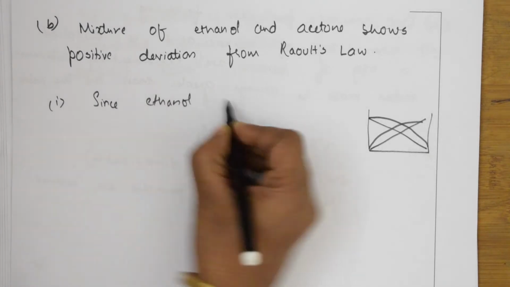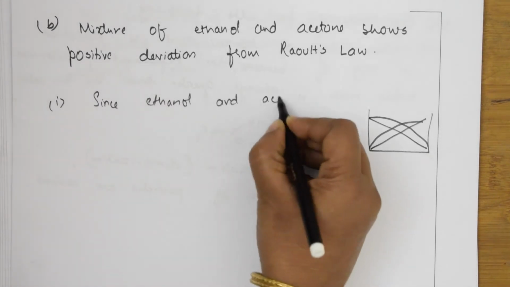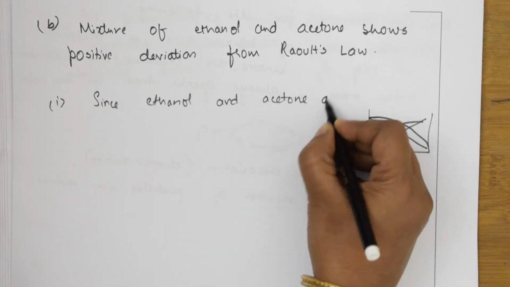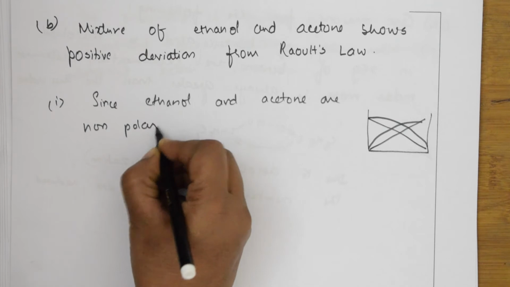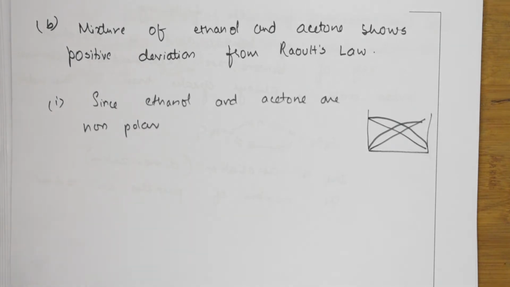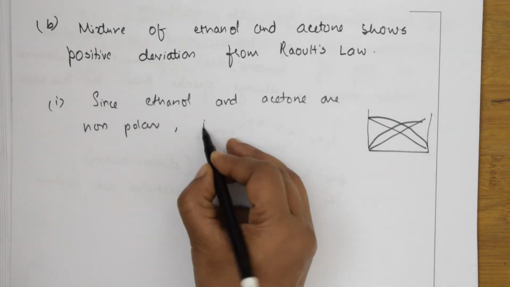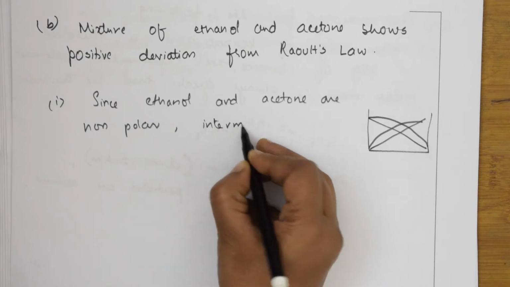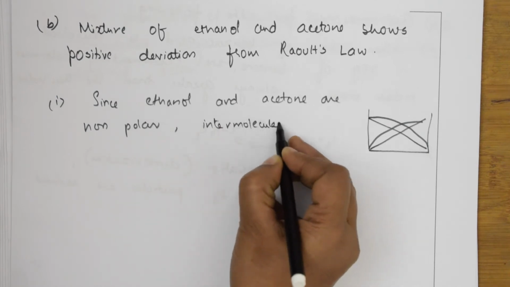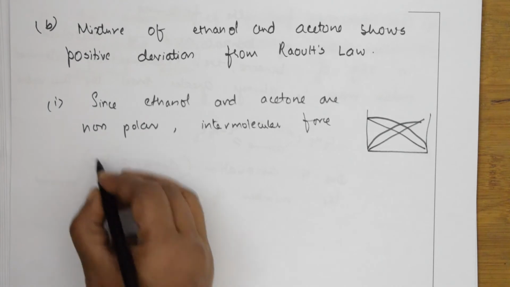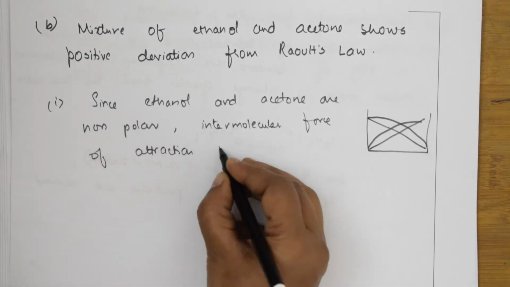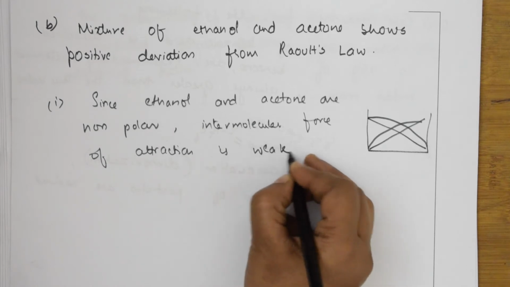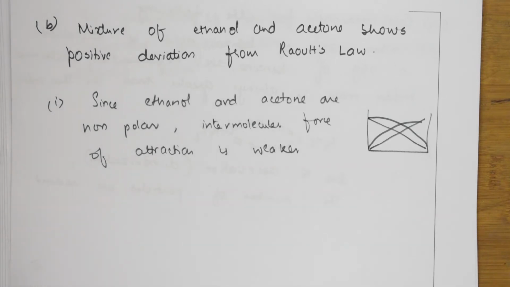ethanol and acetone are non-polar, the intermolecular forces of attraction are weaker. When the intermolecular force of attraction is weaker, what will happen?